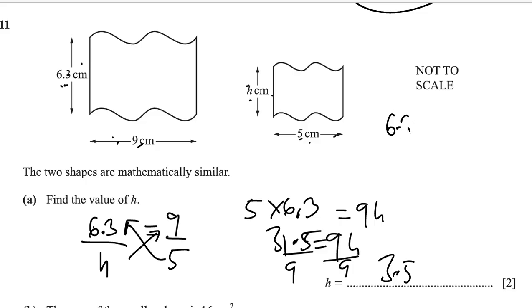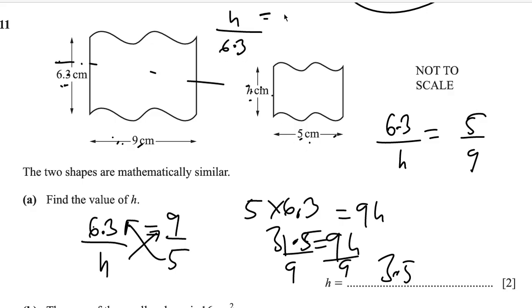Do not make the mistake of saying 6.3 over h is equal to 5 over 9. If you started off with 6.3 to h, you must start again with the larger. Or if you wanted to start from the smaller, you'd have h over 6.3 is equal to 5 over 9, because you start with the smaller and then start with it again.